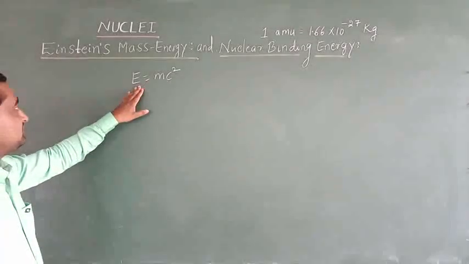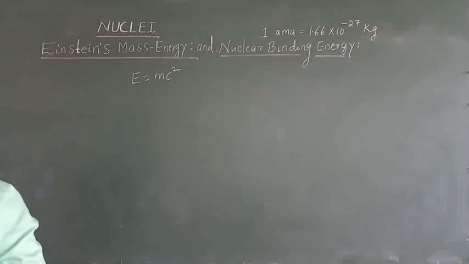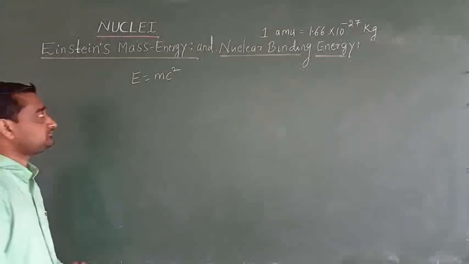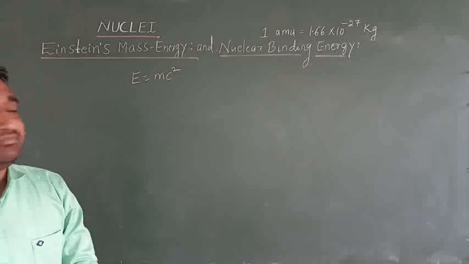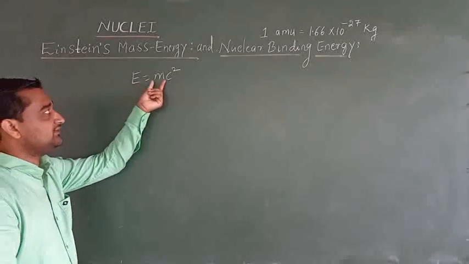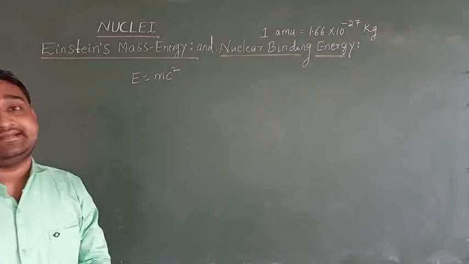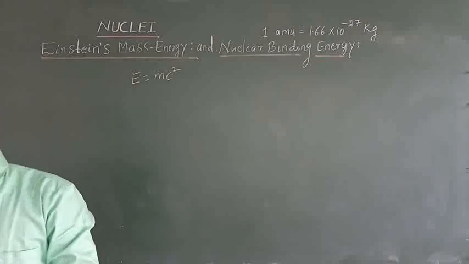From Einstein's mass energy relation, E is equal to mc square, mass and energy are interconvertible. That means energy can be converted into mass and mass can be converted into energy. That is the Einstein mass energy relation.